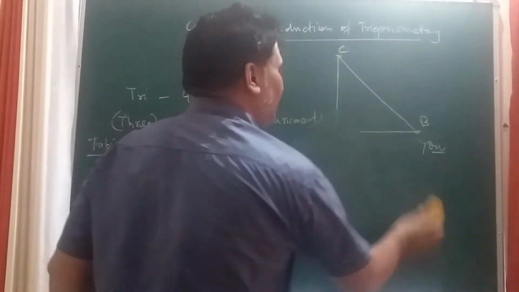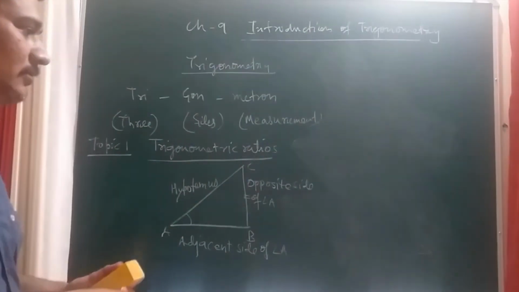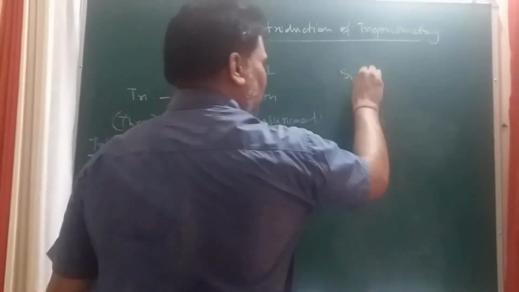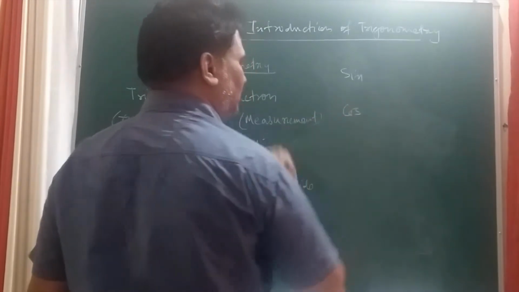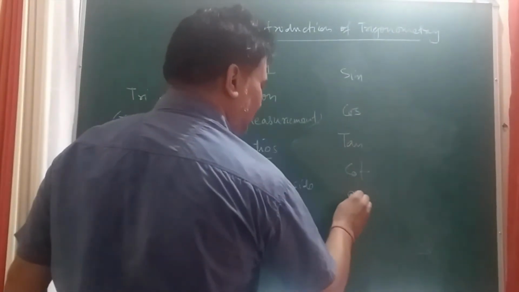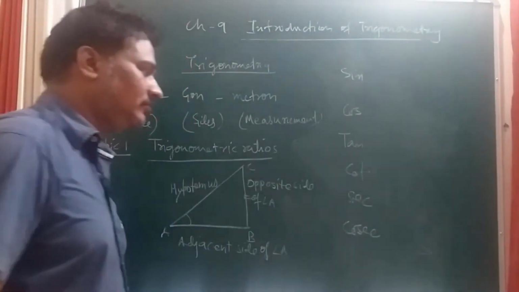Next, there are 6 trigonometric ratios: sin, cos, tan, cot, sec and cosec.